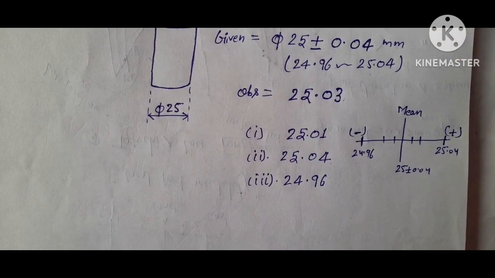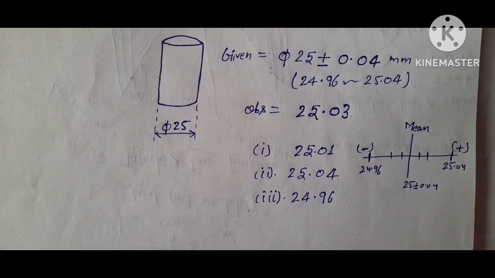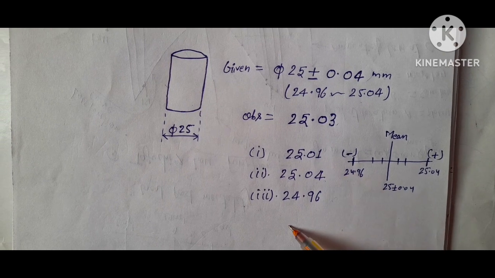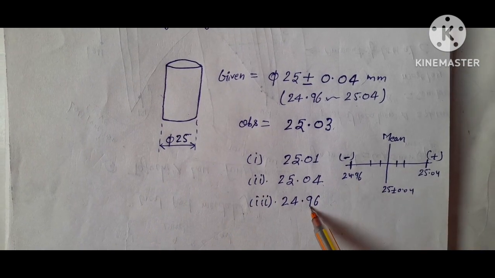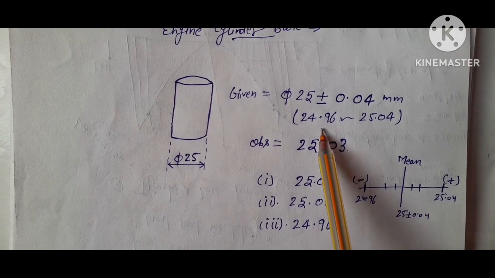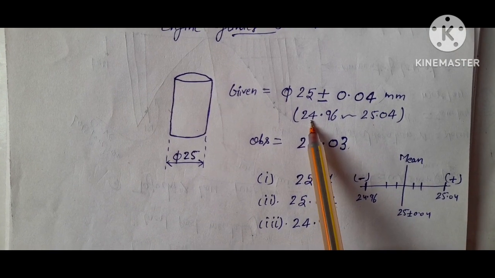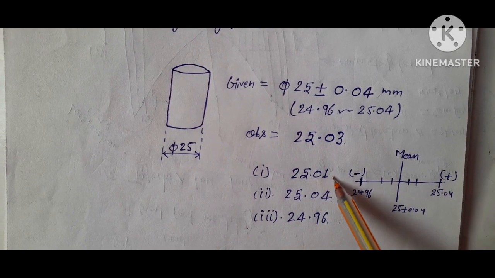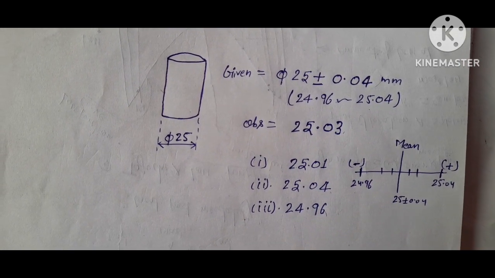All of these cylinder bores are accepted, because they fall within the specification of 24.96 to 25.04.